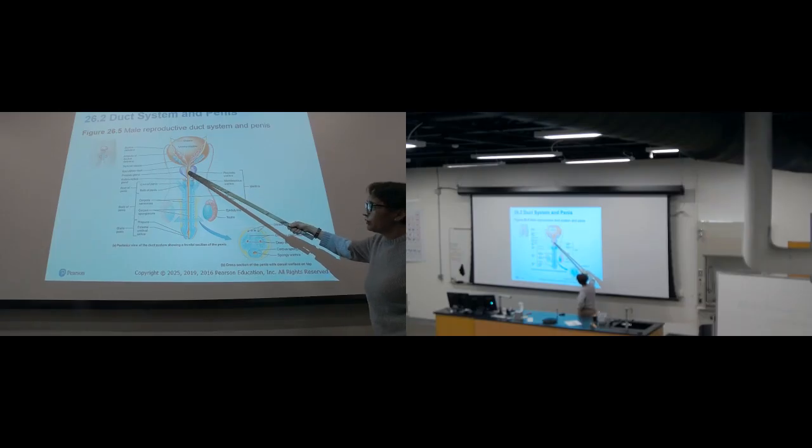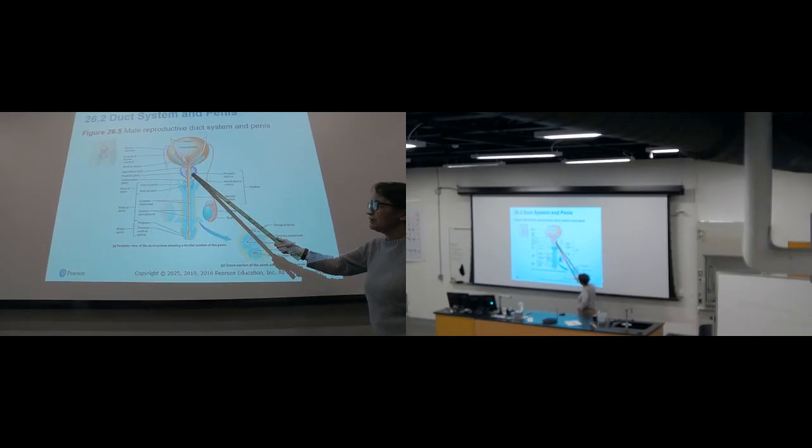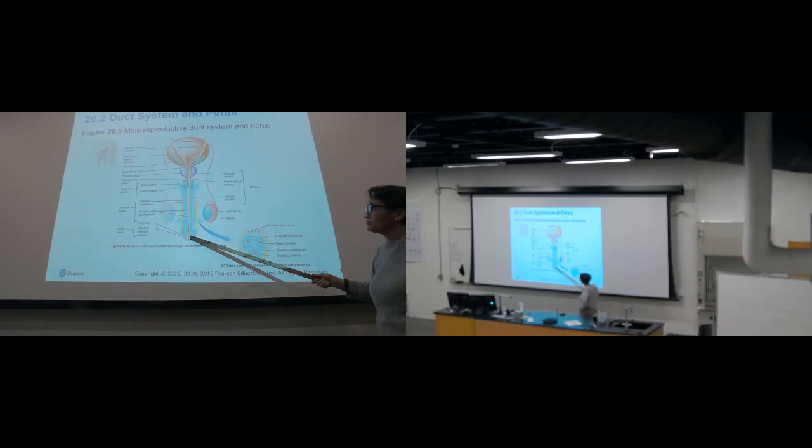So over here, that's where sperm cells, prostate gland fluids, and seminal vesicle fluid mix to form the semen. And then the semen will transfer into the membranous urethra and then into the penile urethra or spongy urethra.